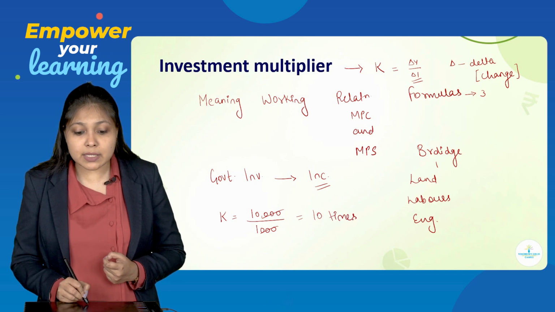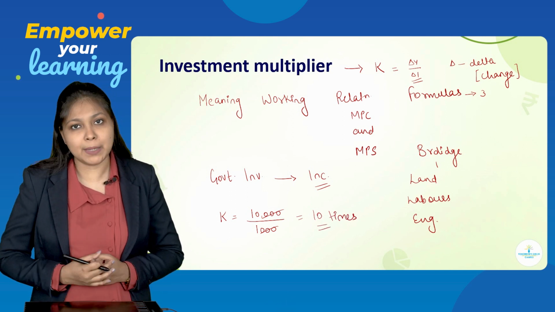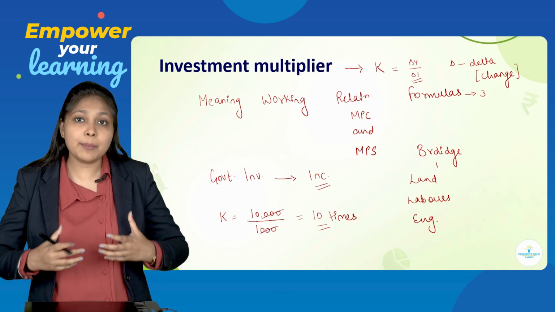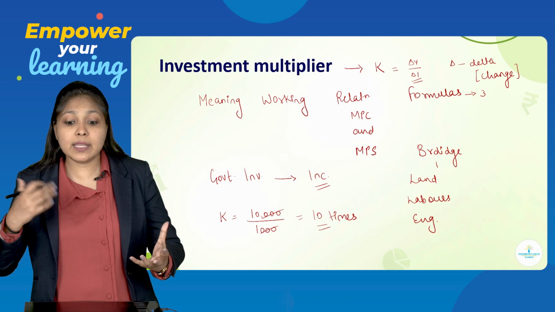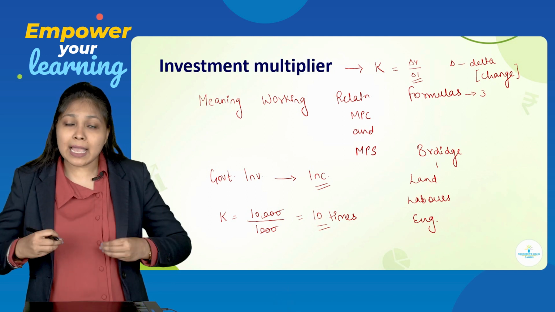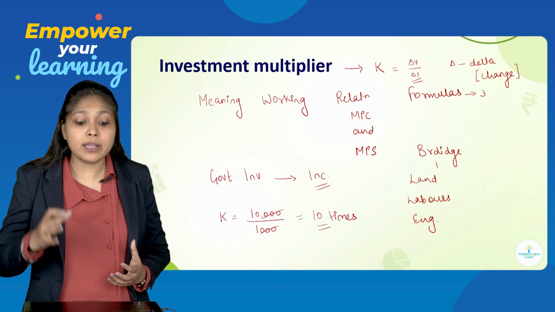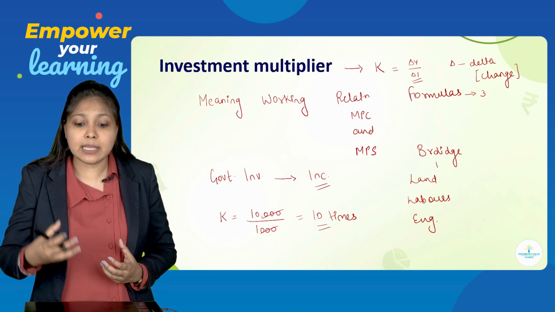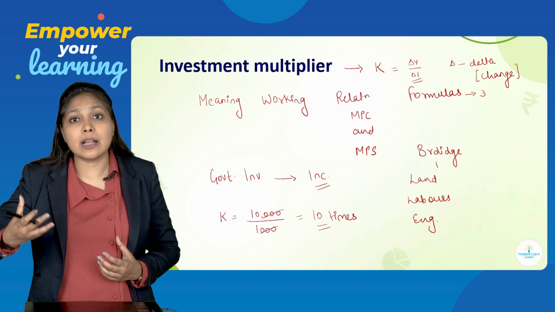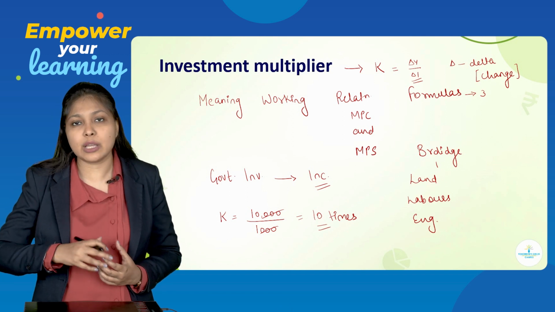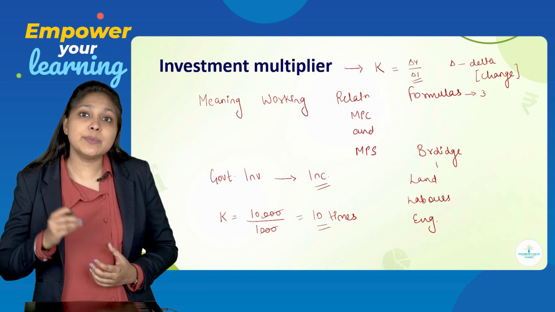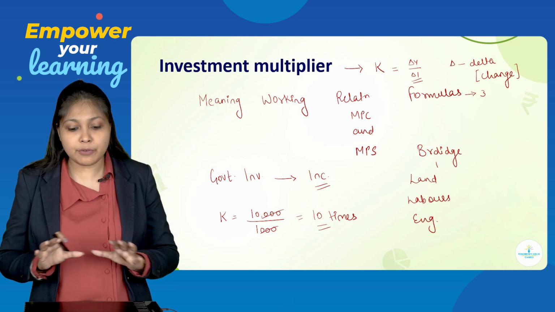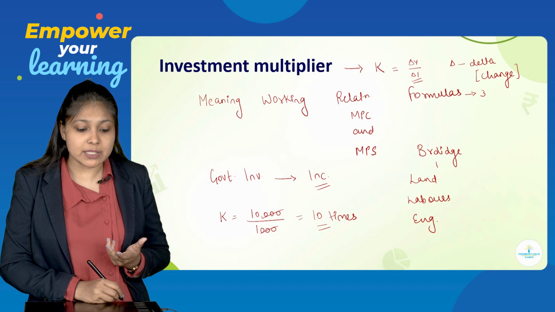This 10 times is nothing but your multiplier. That means by 10 times your income has increased with the increase in investment. I increased investment by 1000 rupees and that gave me income generation of 10,000 rupees. So this 10 times is nothing but the value of the multiplier. First of all, this is the basic of investment multiplier.